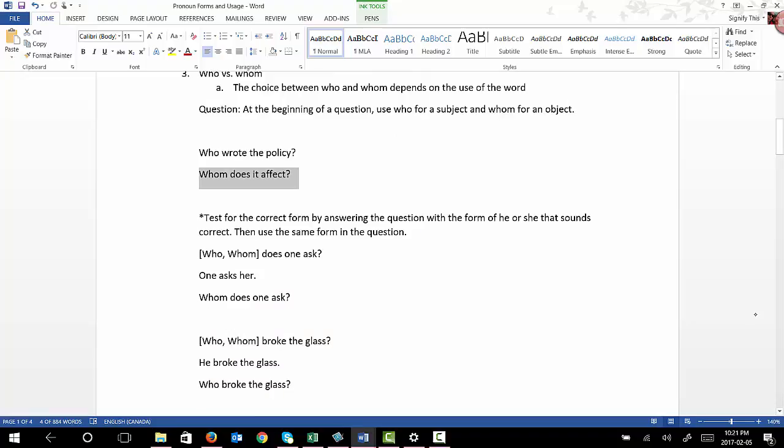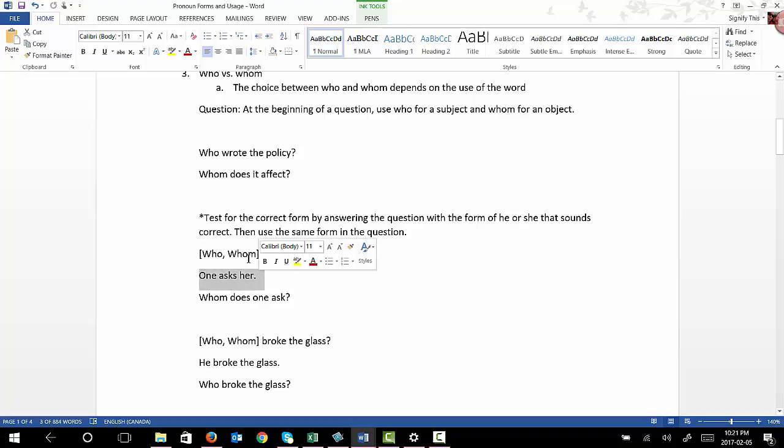You need to test for the correct form by answering the question with the form of he or she that sounds correct. Then use the same form in the question. So we can ask, who or whom does one ask? And then we create the answer.